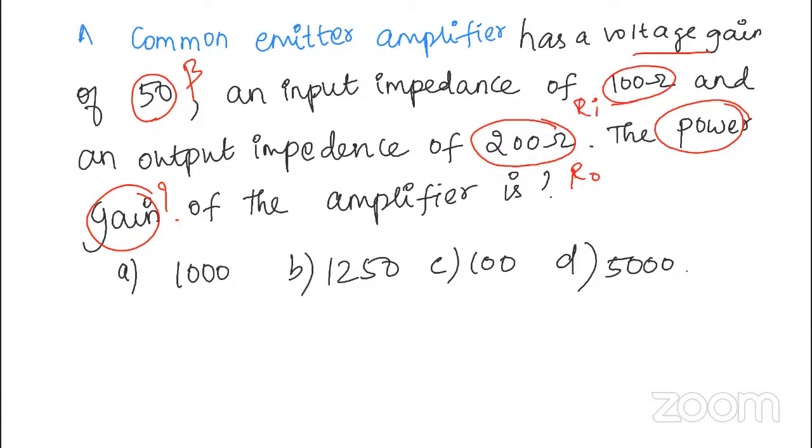Okay, what is our formula for power gain? What is the formula for power gain? It is beta square into R naught divided by Ri. So we have to use these values and this formula to calculate. That is all. Okay, so shall we see how to solve this?